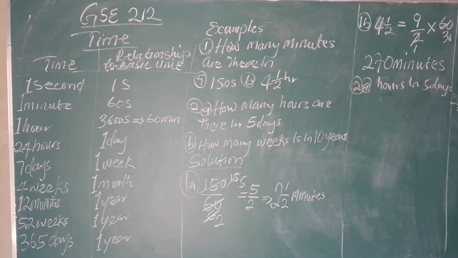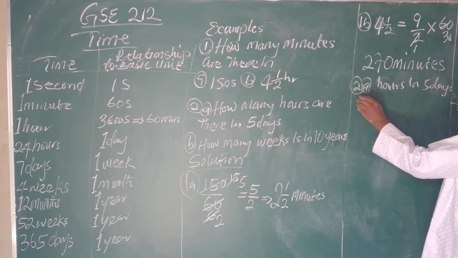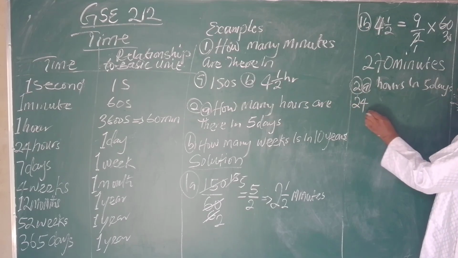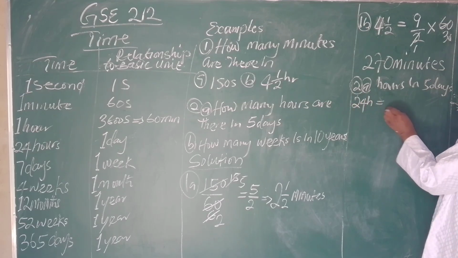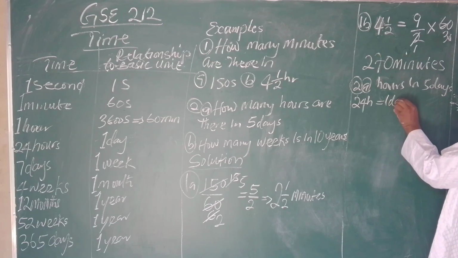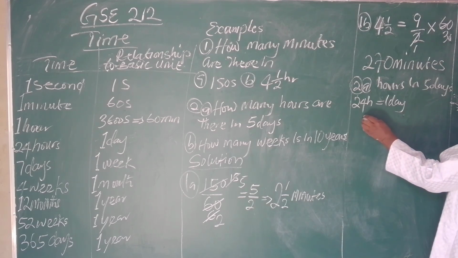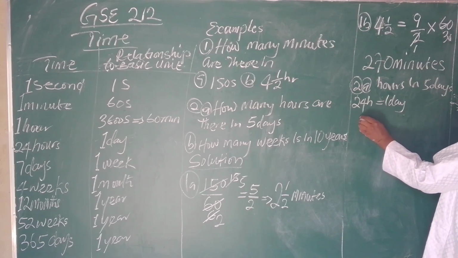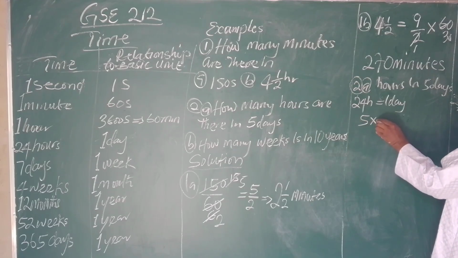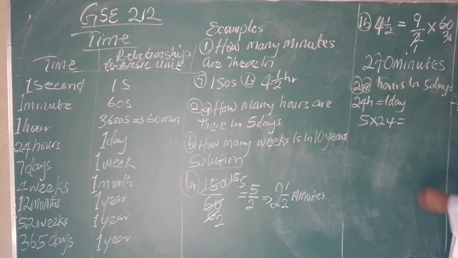We are looking for the hours in 5 days, and we say 24 hours is equivalent to 1 day. That is very simple. We just have to say 5 times 24, which is going to give us 120. That is 120 hours. Simple and straightforward.